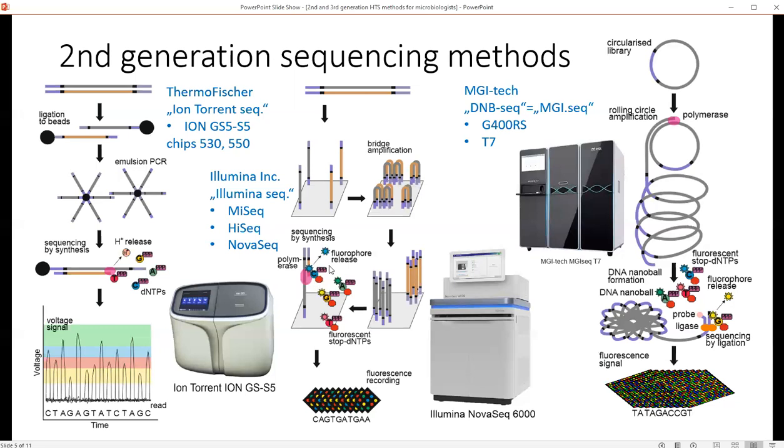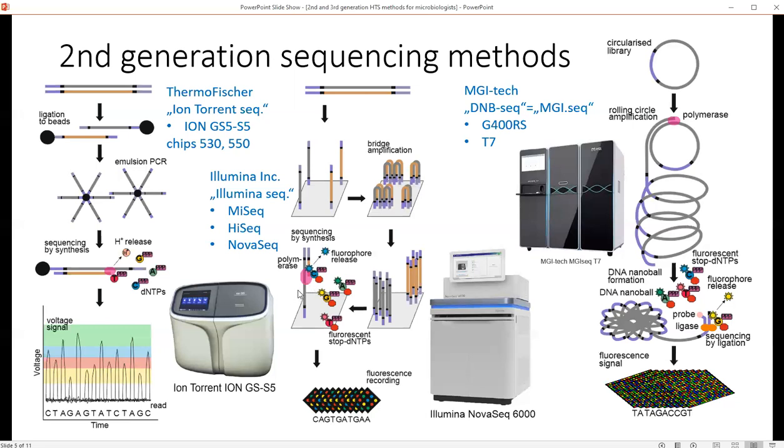Then the fluorophore is released, and each of the nucleotides is associated with a different fluorophore. And sequencing is based on recording the fluorescence across time.